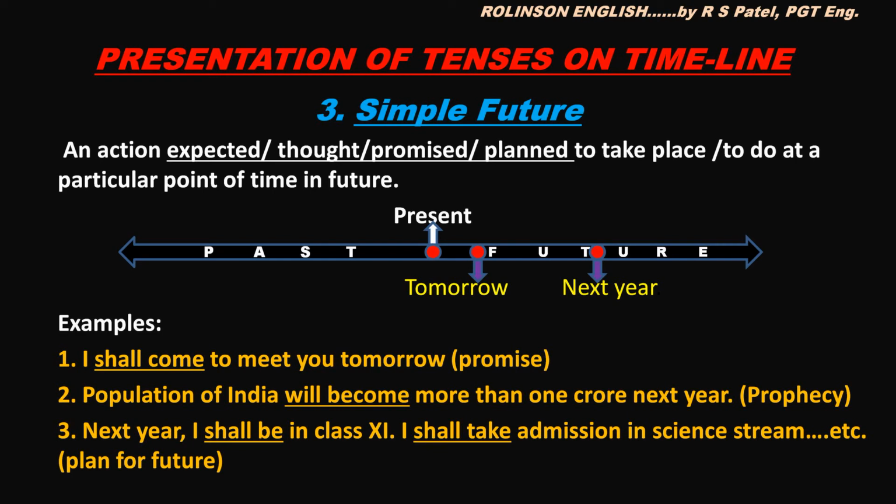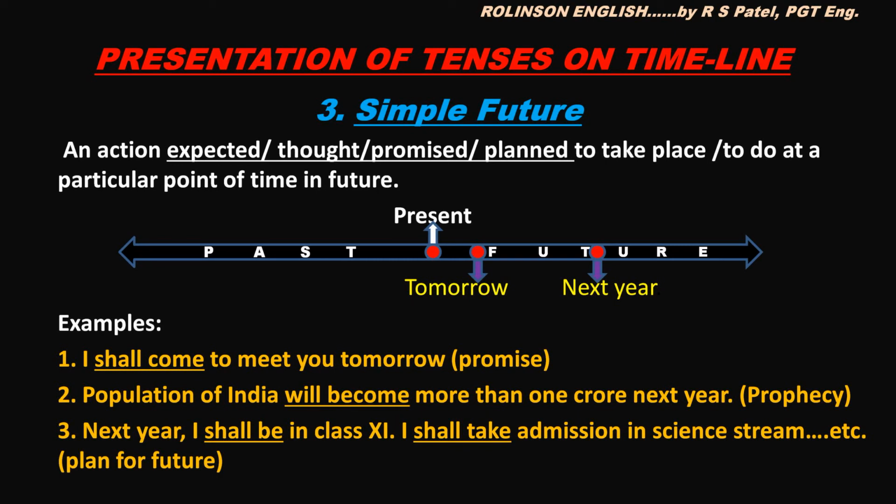We plan for it. That is why here the action that we think and plan to take place on some point of time in future. See, 2 points are marked on the future side. Tomorrow, next year.